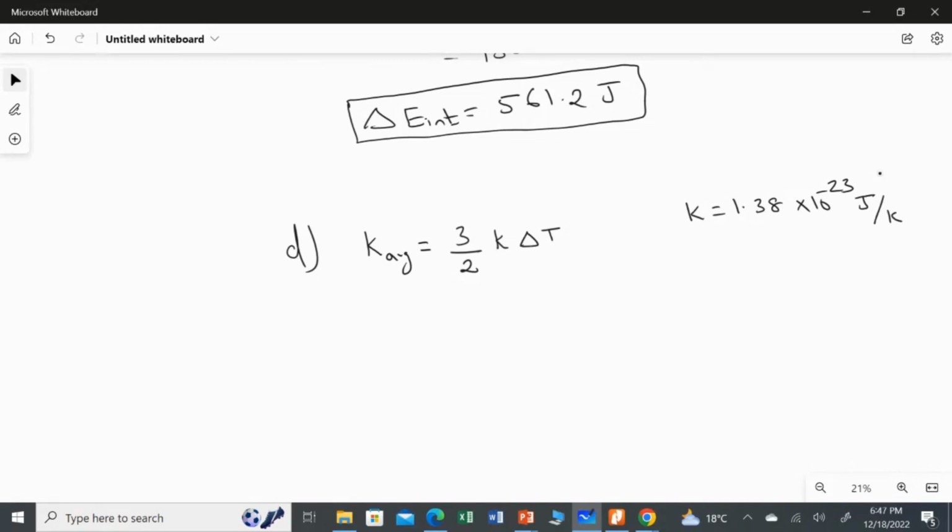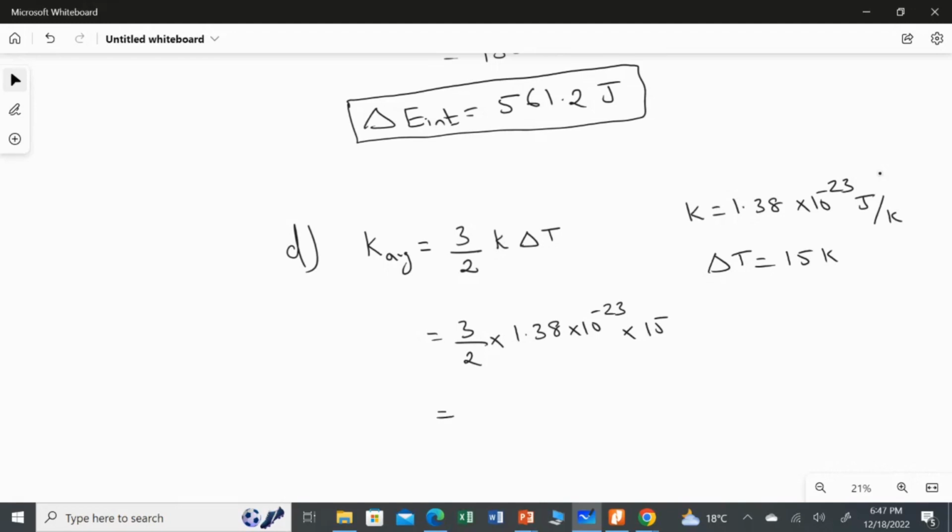I'm going to use this value, and the delta T value is already given in the question as 15 Kelvin. I'm going to substitute the value here. So 3/2 multiplied by 1.38 multiplied by 10 power minus 23, multiplied by 15.